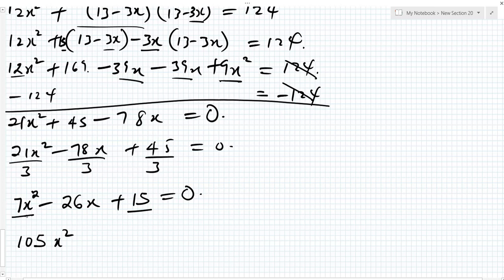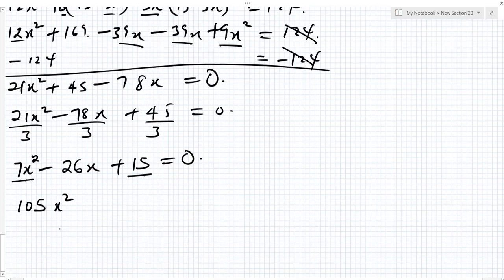If you multiply this first term and this last term, you have 105x squared. What are the two factors of this that when you sum them together, it will give you minus 26x?